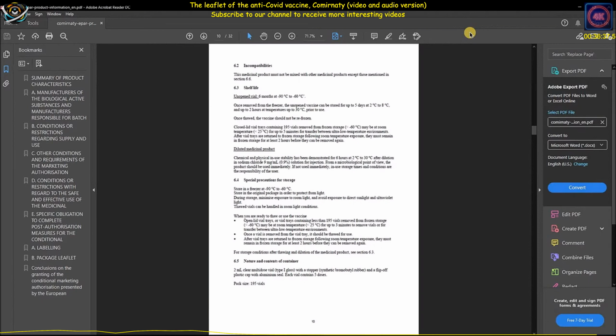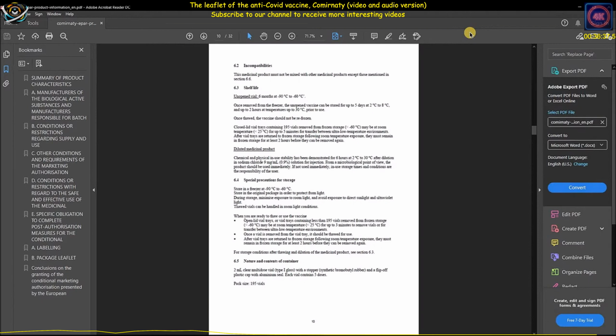Once a vial is removed from the vial tray, it should be thawed for use. After vial trays are returned to frozen storage following room temperature exposure, they must remain in frozen storage for at least 2 hours before they can be removed again. For storage conditions after thawing and dilution of the medicinal product, see section 6.3.